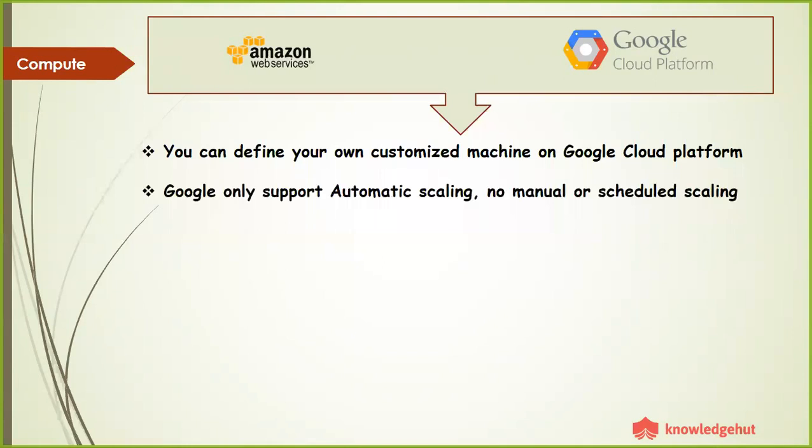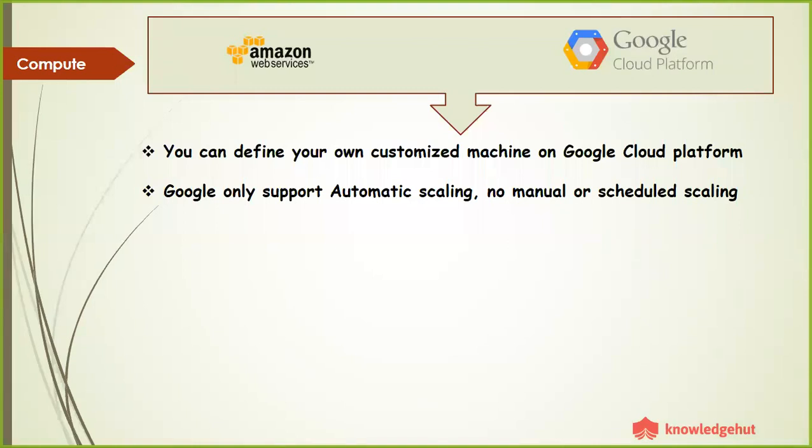Google only supports automatic scaling. No manual or scheduled scaling is available in the load balancers. On Amazon, suppose during daytime you want to increase the number of your servers by 5 every day at 10 a.m., and then about 5 or 6 p.m. you want to destroy those servers, you can schedule those kinds of things on Amazon, but you cannot do the same kind of thing on Google actually.